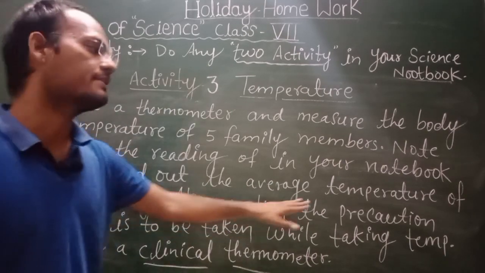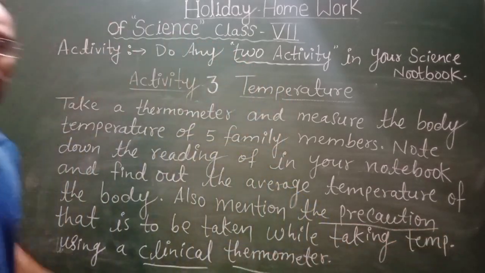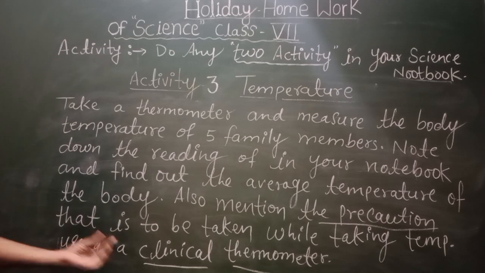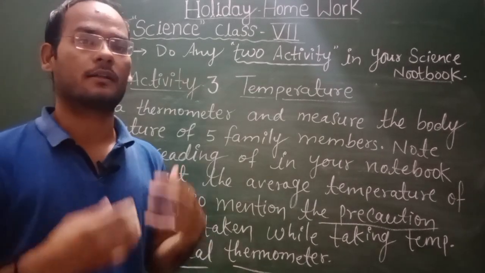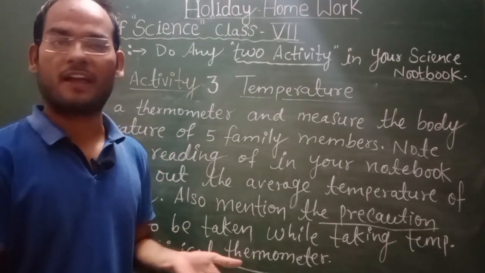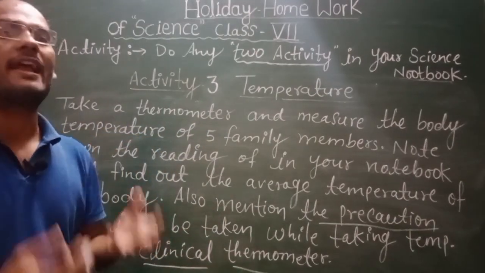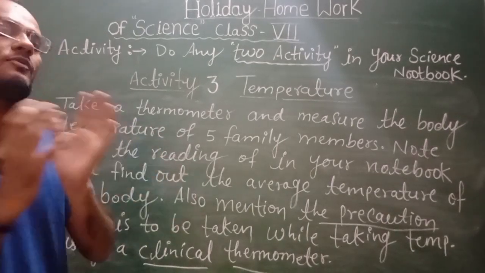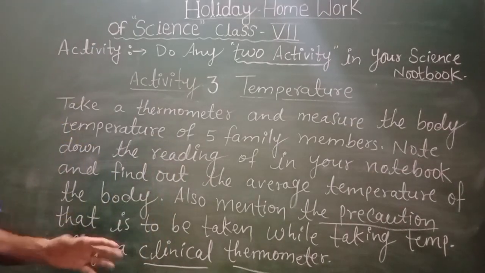And also mention the precautions, very important. You have to also mention the precautions to be taken while taking temperature using a clinical thermometer. While you are taking the temperature of your family member, what type of precautions we have to follow. Clear? You have to write down these precautions in your notebook also.